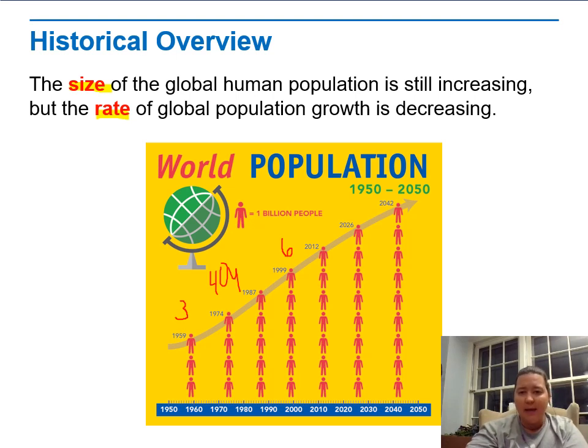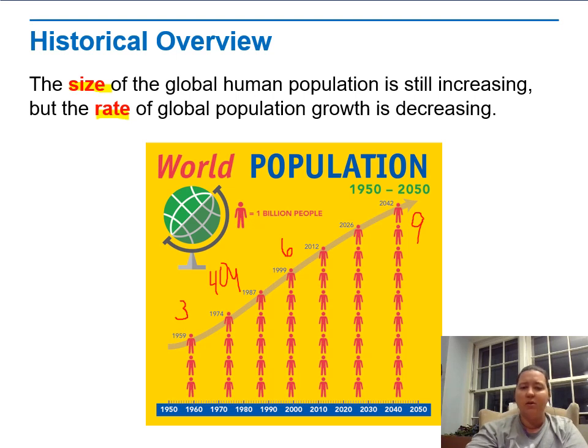Now, to get to 12 billion people, this graph here at 2042 still only has 1, 2, 3, 4, 5, 6, 7, 8, 9. That's only 9 billion people.